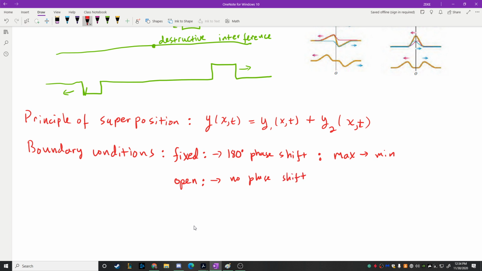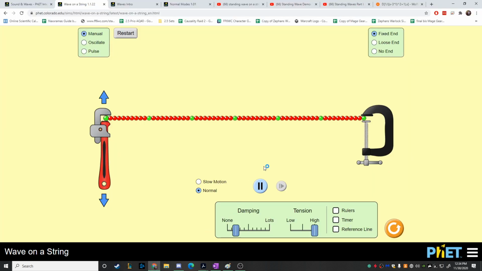One thing that's really interesting about this idea, if you could understand what's going on here, is that this same type of thing will happen with any kind of wave, basically. And this phase inversion, due to boundary conditions, also applies to light waves.